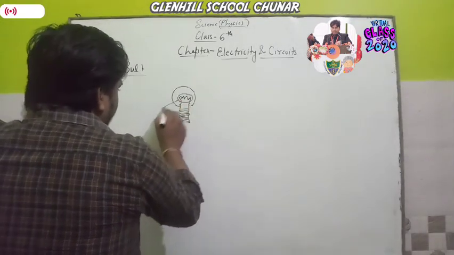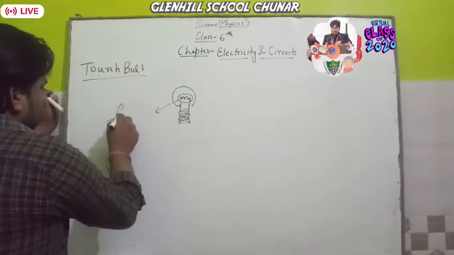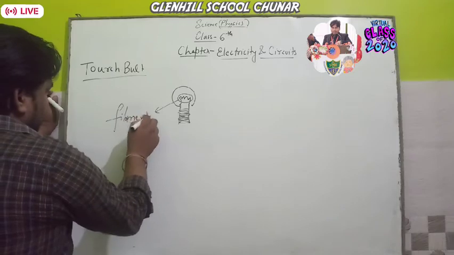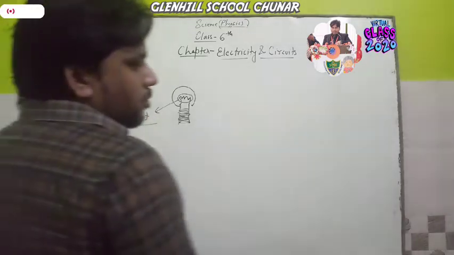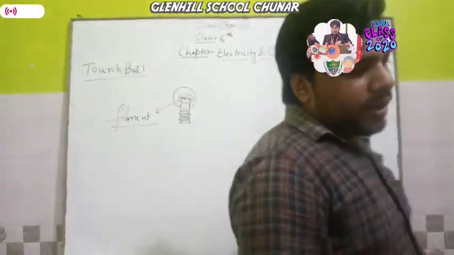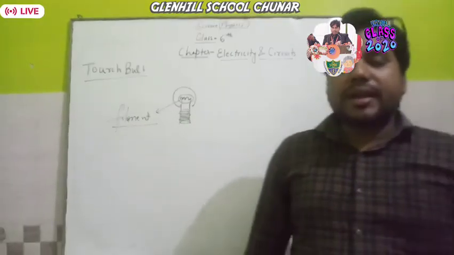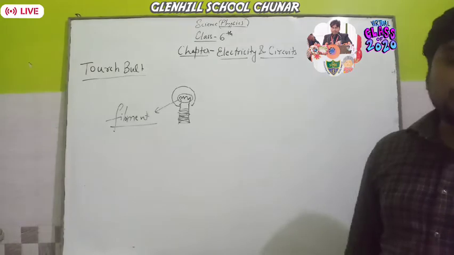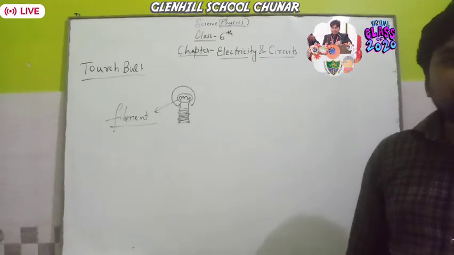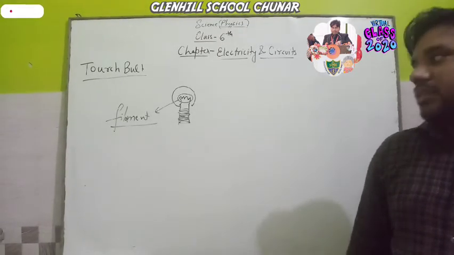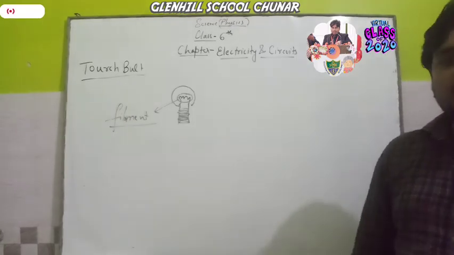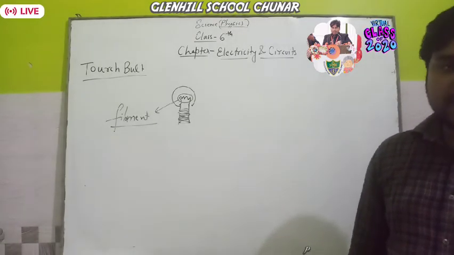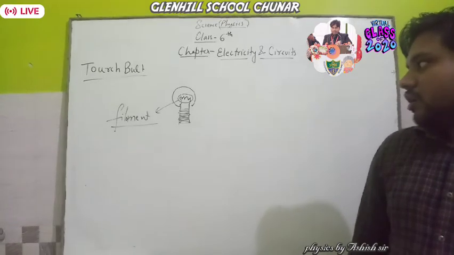This filament can glow when the current is passing through this bulb. When current is passing through this bulb, then the filament glows and produces what? Light. Okay.